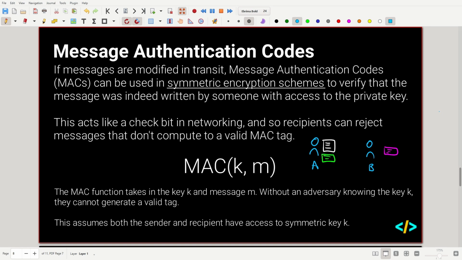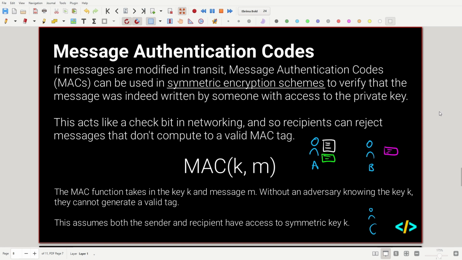If Charlie wants to send that same message, he won't be able to compute a message authentication code because he doesn't have the key. So even if he sends that to Bob, Bob will know that Alice didn't send this because Charlie didn't add the correct message authentication code.